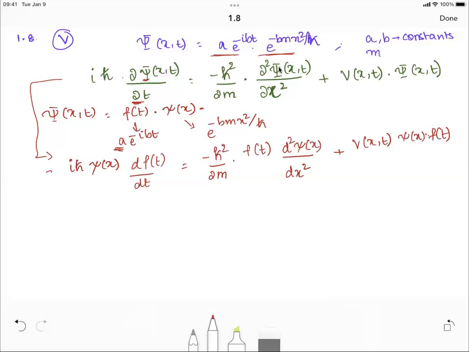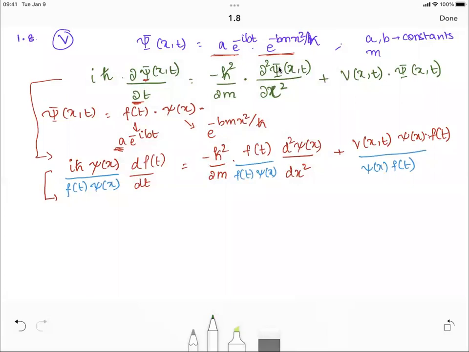And now I'm going to divide the entire equation with f of t and psi of x. This is permissible because I'm dividing both sides of the equation with the same term, so that can be done.